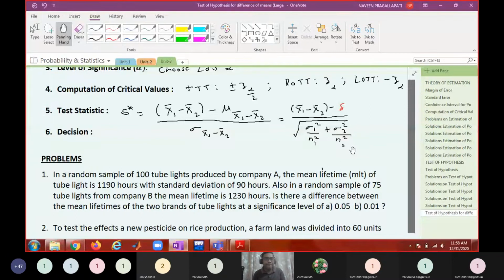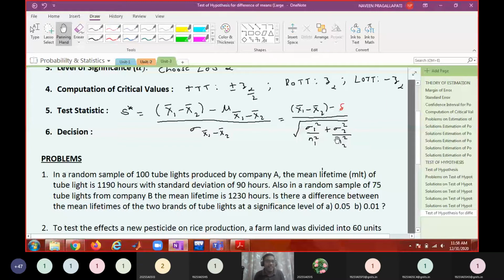Is this clear? Yes, sir. Now if sigma 1 and sigma 2 are not given, then sample standard deviations will be given. In that case, replace sigma 1 with S1, the sample standard deviation, and replace sigma 2 with S2. Okay, you write it as a note.